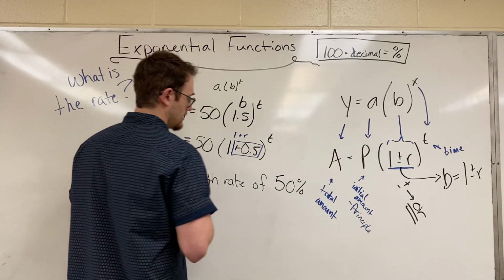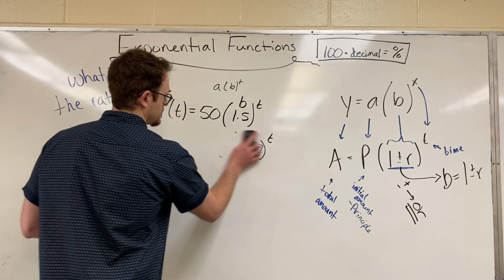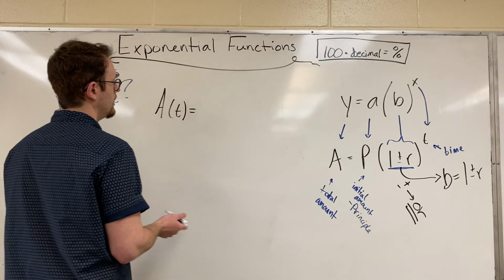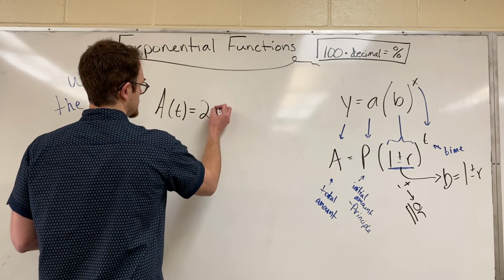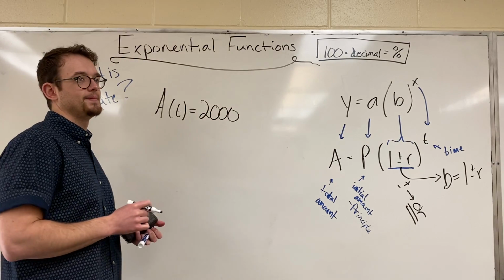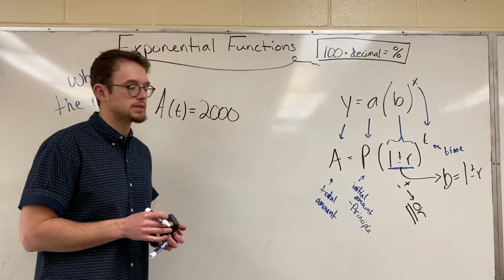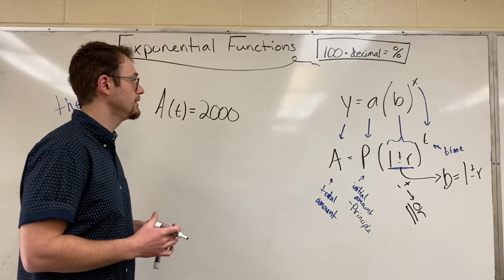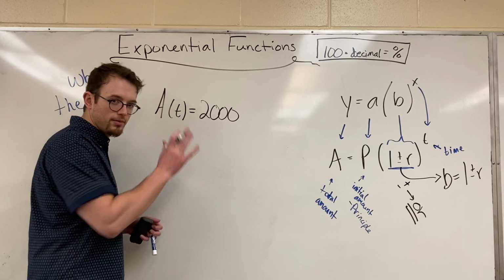All right, get rid of that. Start with 2000. Let's say this is like population. Let's say you have 2,000 polar bears, because we all know polar bears are going extinct, unfortunately. All right, let's say you have 2,000 of them. Hopefully there's more than 2,000.